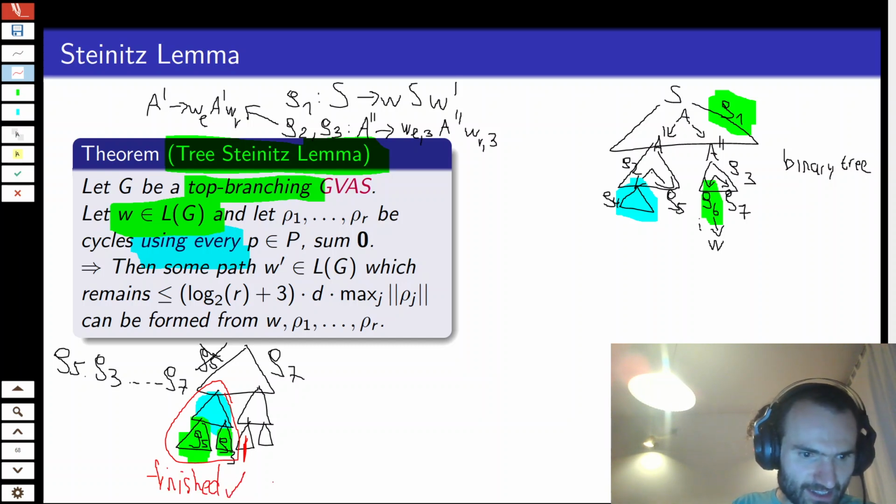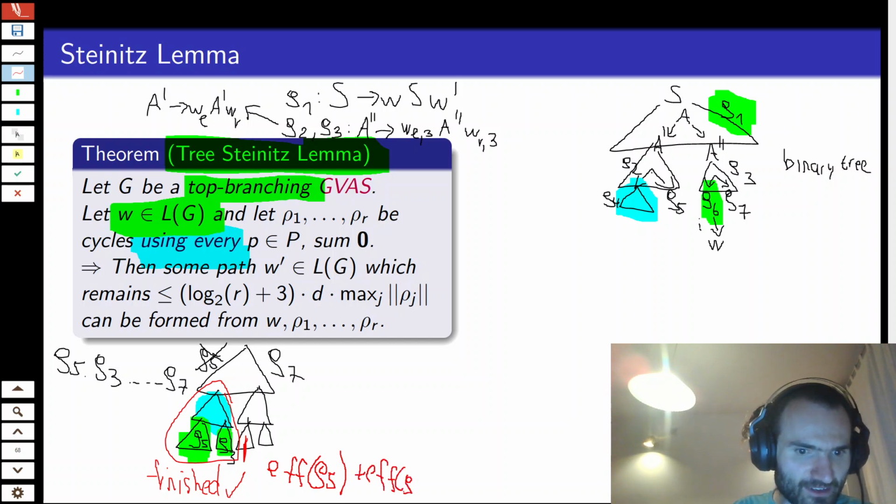So this means if we analyze which effect we have up to here, well, we know that we had the effect of the first rows, row 5, plus effect of row 3, plus the effect of this guy.